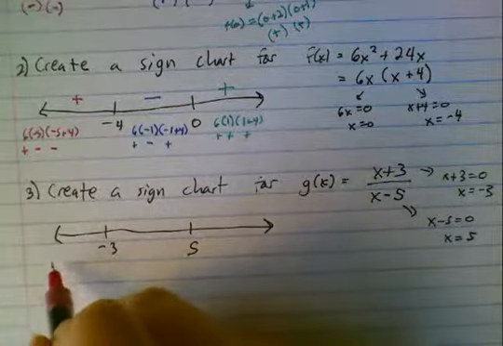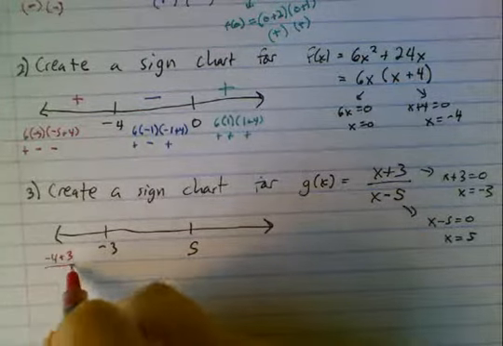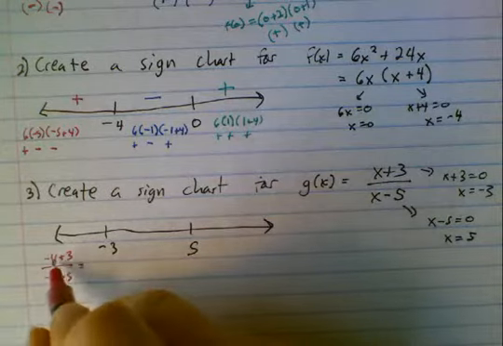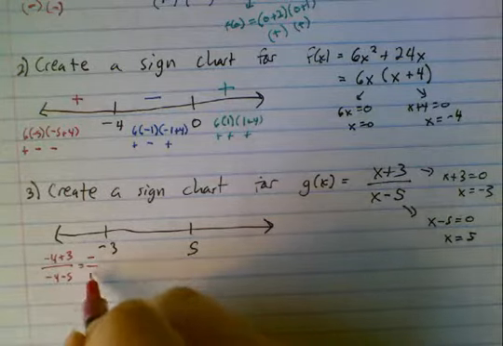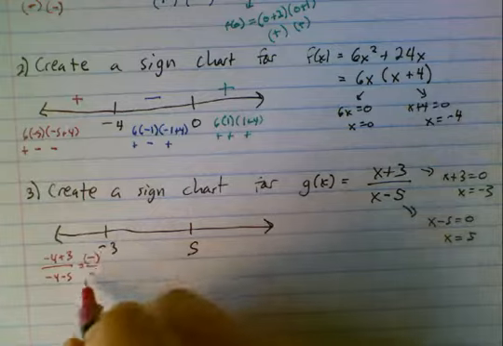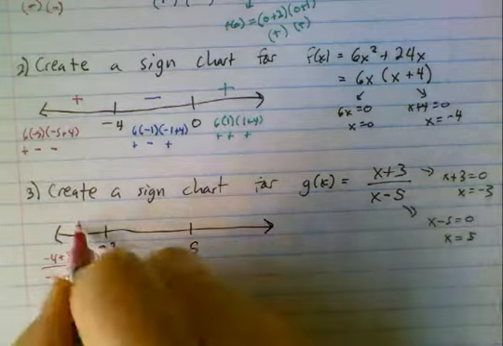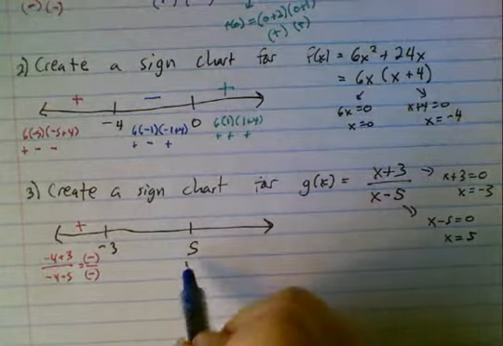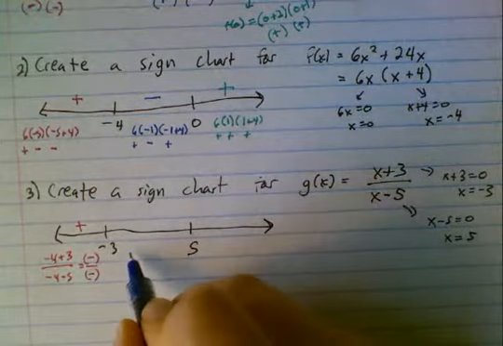A number less than -3, so -4 plus 3 over -4 minus 5. That's going to be a negative divided by a negative. Negative divided by a negative, still positive. Between -3 and 5, 0 is a good one to use there.